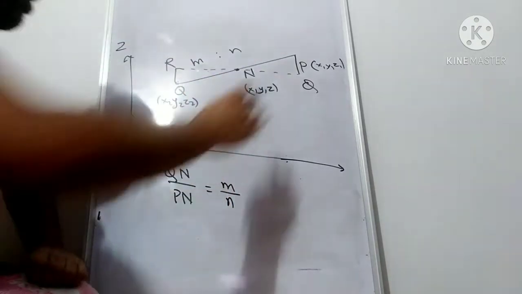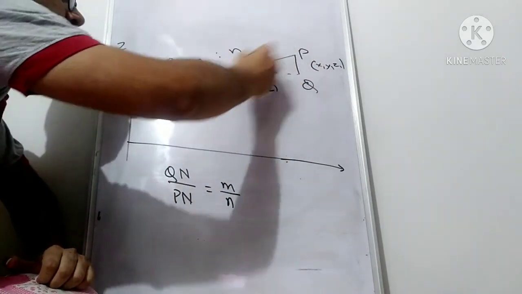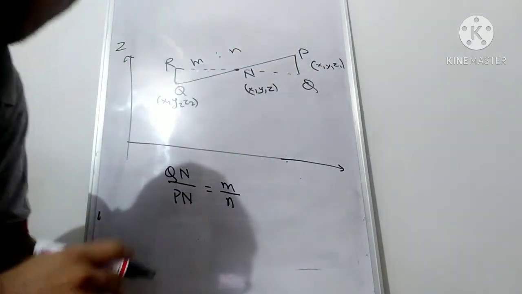This point is P. So Qn upon Pn is already given to you as m by n.